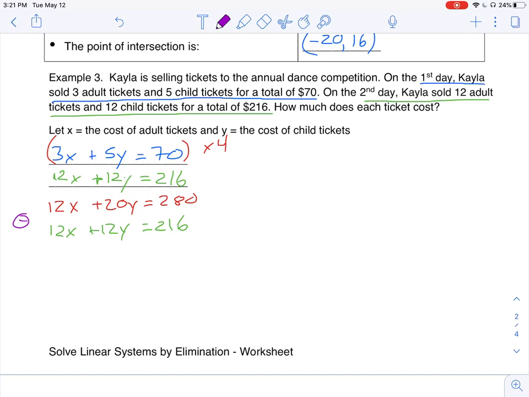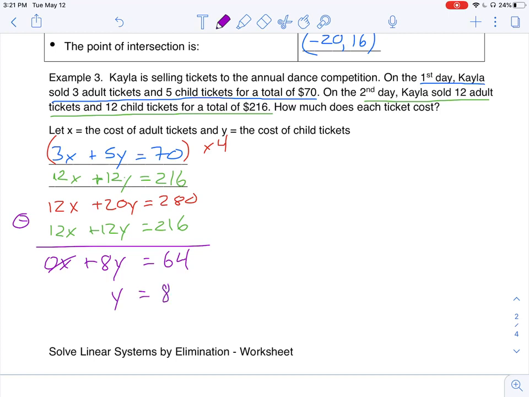So when I subtract them, 12x minus 12x gives me 0x. 20y minus 12y gives me positive 8y. 280 minus 216 gives me 64. Now I'm left with, well, this cancels out. y, if I divide both sides by 8, gives me a value of 8.